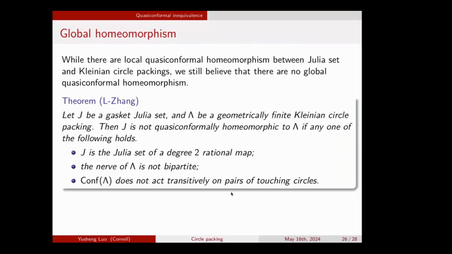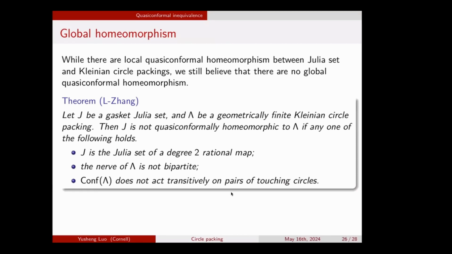So in some sense, this was motivated by a conjecture, which asks whether we can find any non-trivial examples of a Kleinian limit set for a Kleinian group and a Julia set for some rational map that are quasi-conformally homeomorphic.